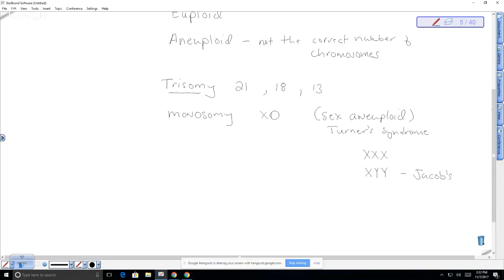There is one that is XXY, and this is called Klinefelter's. And that one does cause infertility. This individual would look male. Sexually, the external genitalia would look male. Right?